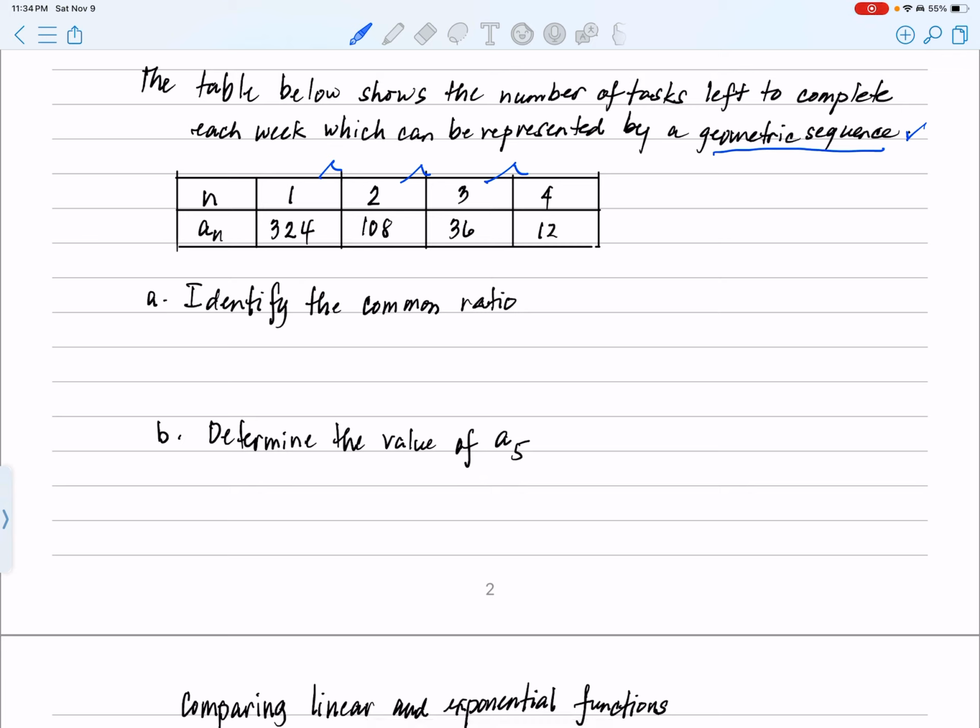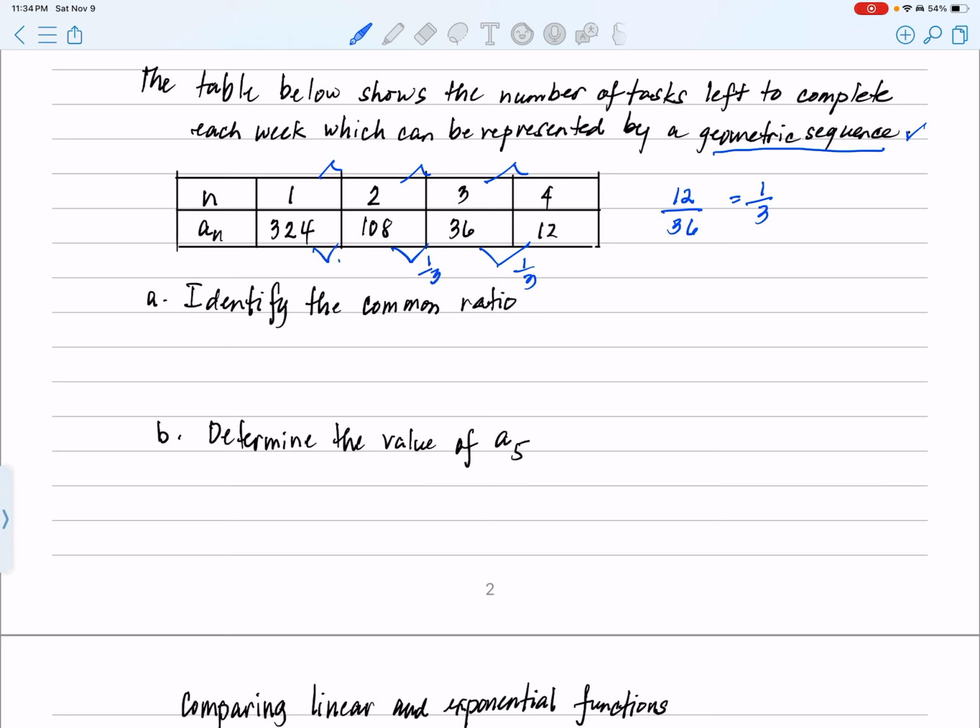I'm going to choose 12 divided by 36 because it's more convenient to use, since they have a smaller value. So this is equal to 1/3. Of course, if we have 36 divided by 108, it will also be equal to 1/3.